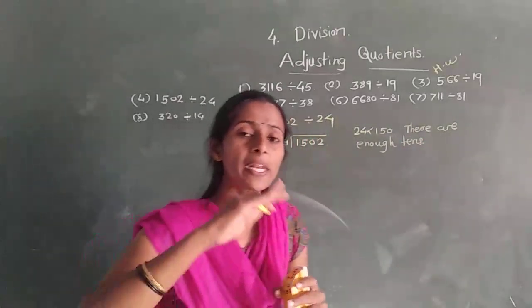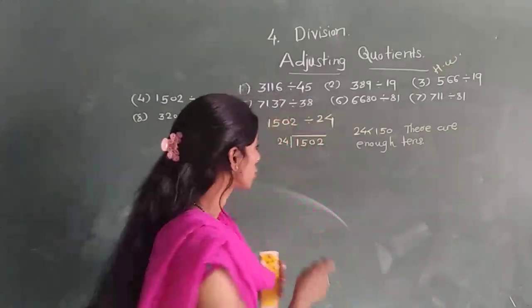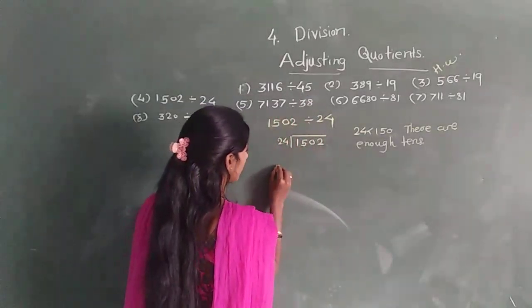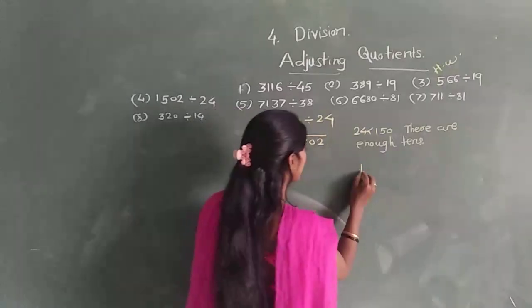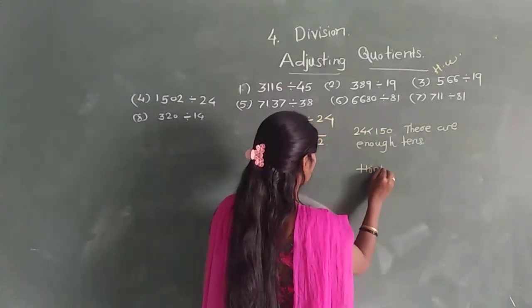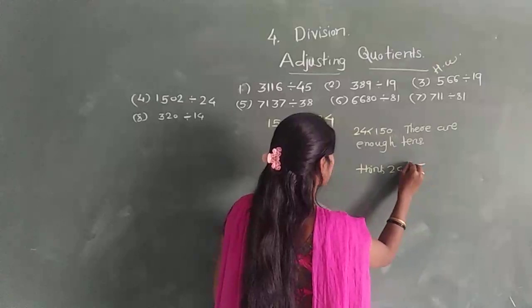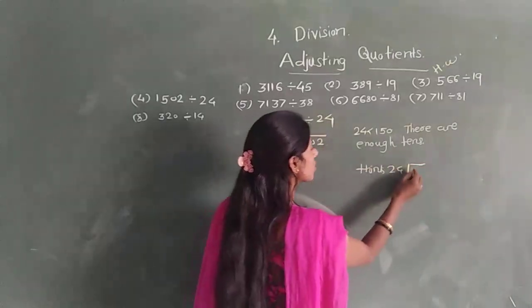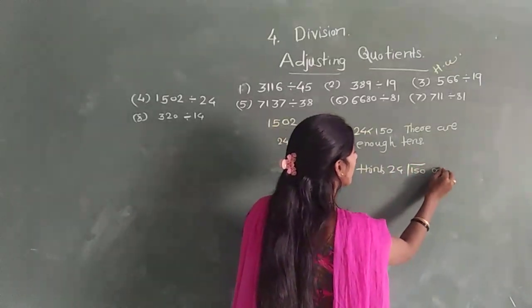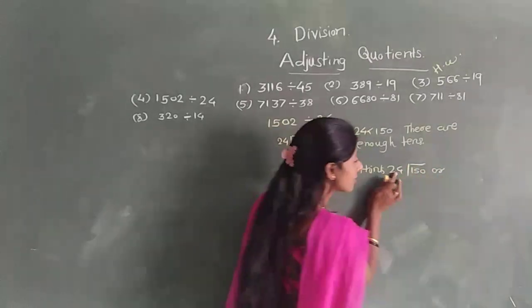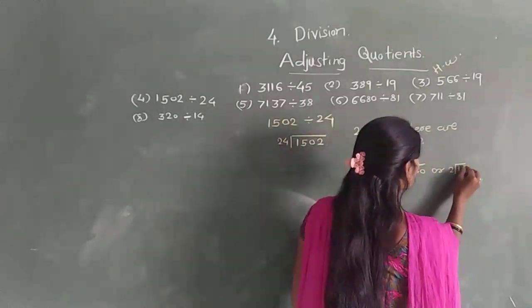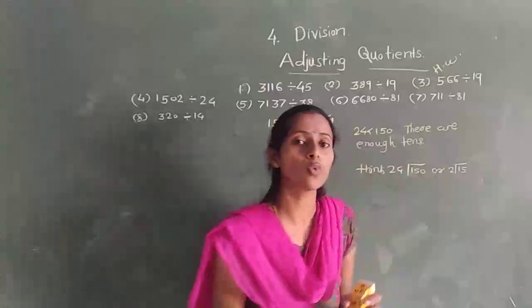The first digit of the quotient will be written at the tens place. Okay, so here 24 is the divisor and we only consider 150, or only the first digit of the divisor, that is 2, and here 15. Count the table of 2 up to 15.